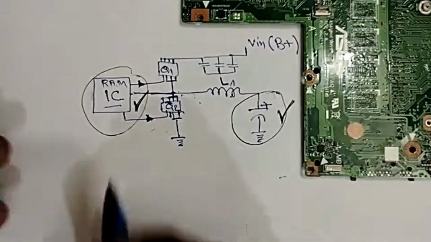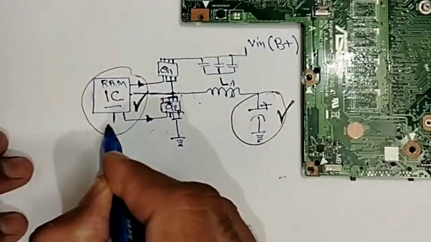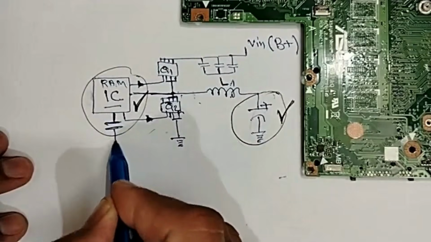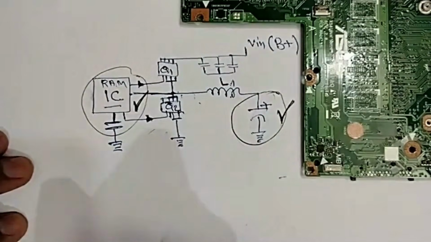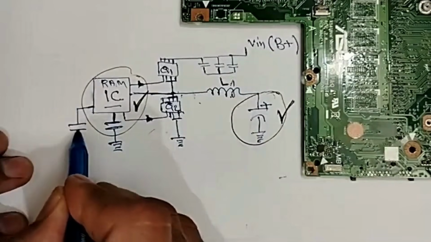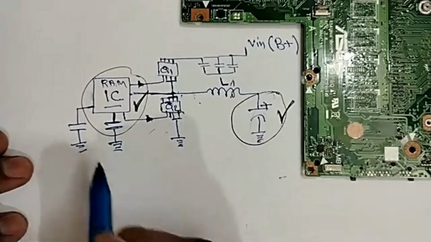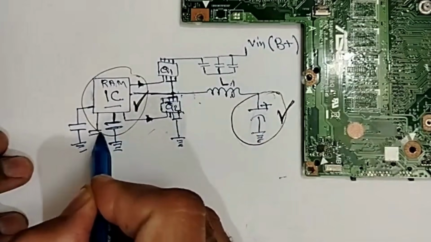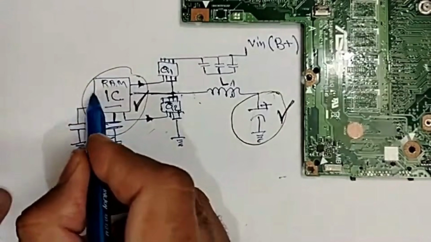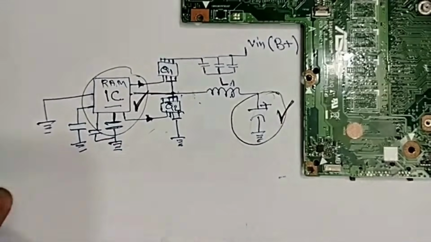All ceramic capacitors around the IC are connected to the IC on one side and to the ground on the other side, like this. Another ceramic capacitor here, and another here, as you can see. And the IC itself is connected to the ground.